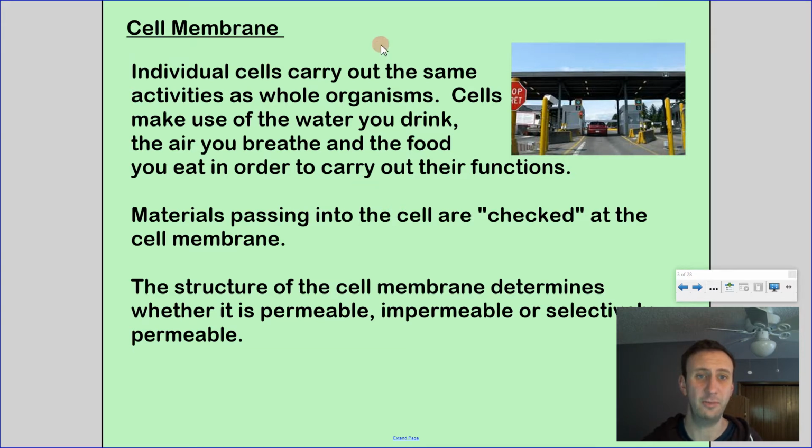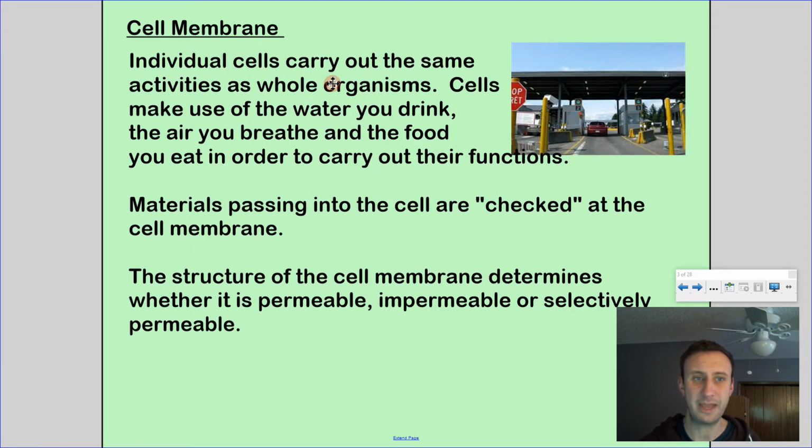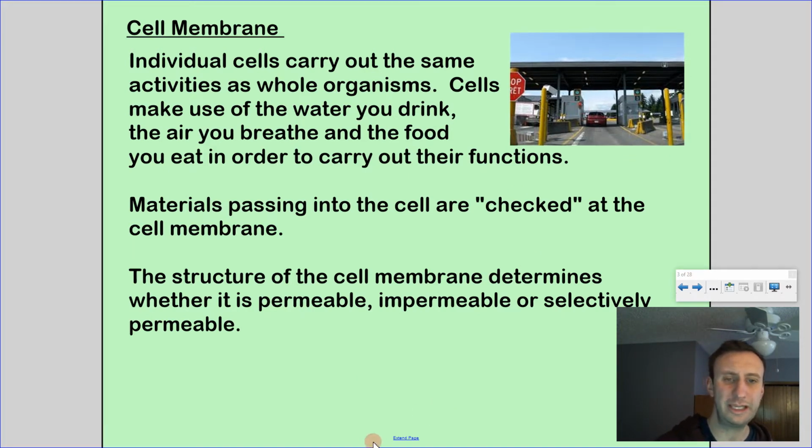All right, so individual cells carry out the same activities as whole organisms. Cells make use of the water you drink, the air you breathe, and the food you eat in order to carry out their functions. So just as you need to take in things and get things out, cells need to do that as well.